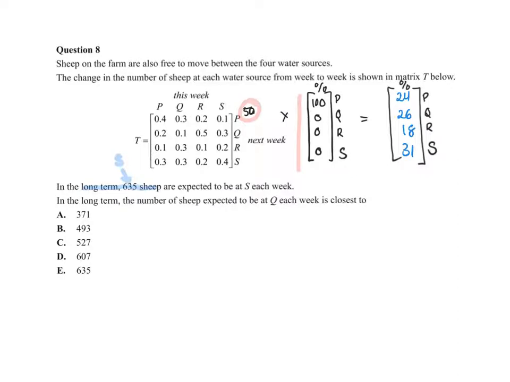Okay, so we know that we have 31% of the total sheep equals 635. So what we're going to do is find out what the total sheep is using this fact that we know.